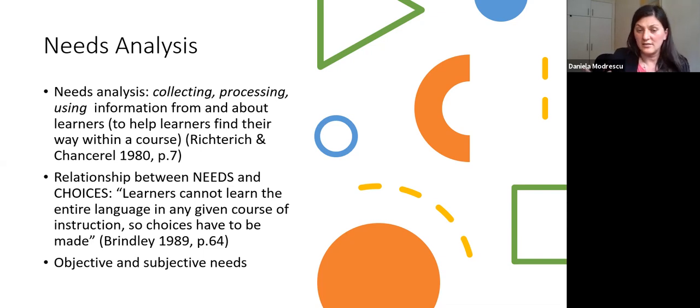Also by asking them their background, that is part of the objective needs, because you have factual information, either regarding language or their own personality. And the subjective needs are basically whatever information you want to collect, language-wise or personality-wise or individual differences, through the perception of the learner.